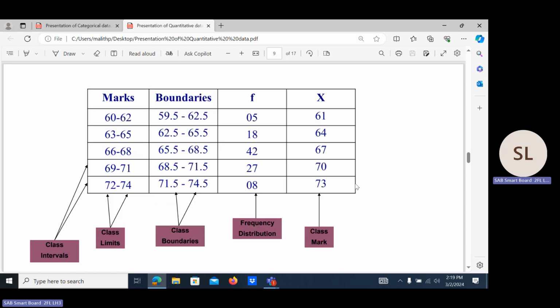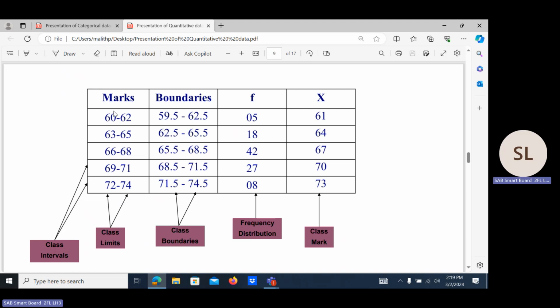Now we move to the explanation about the group frequency distribution. The group frequency distribution is one kind of table form. The values of the variable are grouped, and we identify the range. The first one is 60 to 62, the second one is 63 to 65.